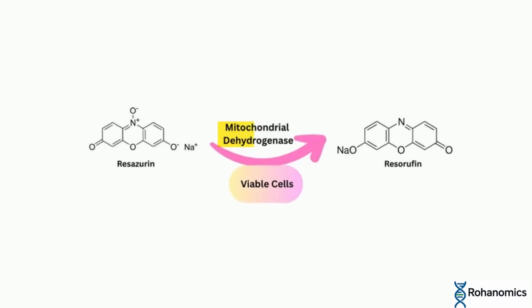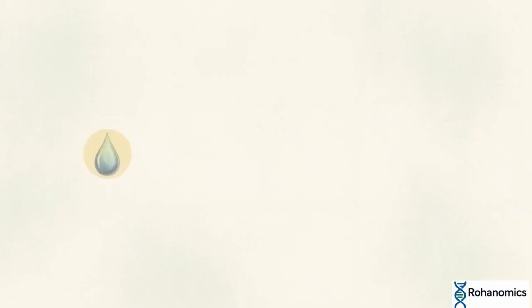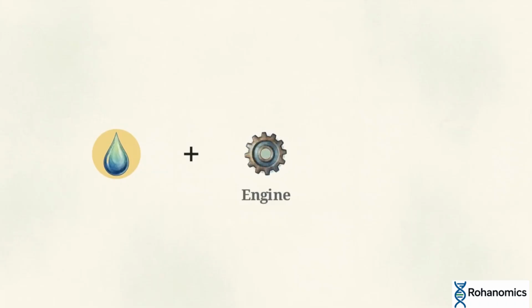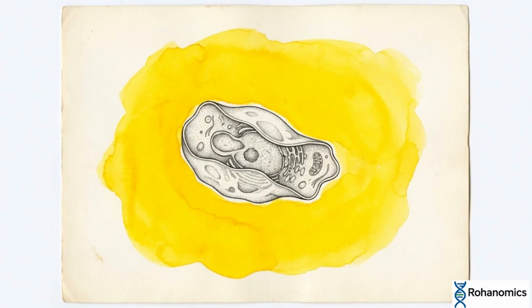Active dehydrogenase enzymes reduce resazurin, a non-fluorescent blue dye, into resorufin, which emits a bright red fluorescence. By linking a dye directly to a metabolic engine, we establish a mathematical rule. Optical absorbance readings, like measuring the purple formazan at 570 nanometers, are now strictly proportional to the number of viable cells. Dead cells don't process the dye.